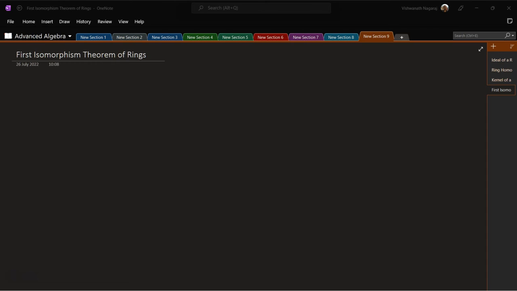Just like in groups we saw the first, second and third isomorphism theorems, similarly the same thing applies to rings as well. So let's look at the first isomorphism theorem of rings.